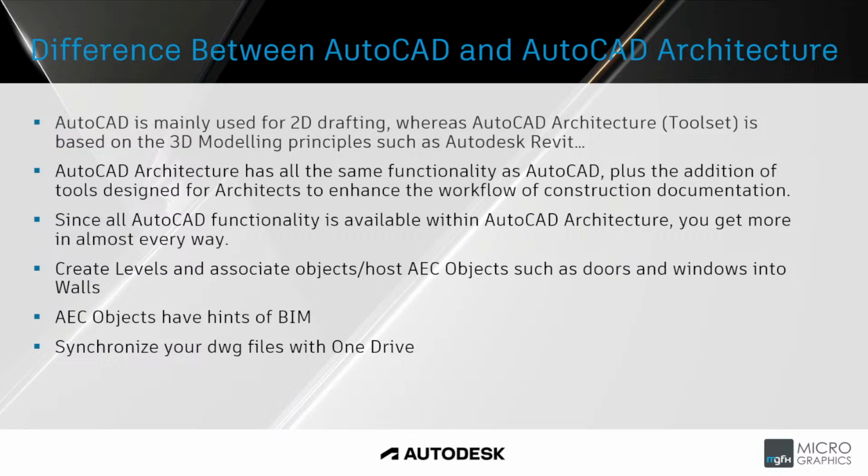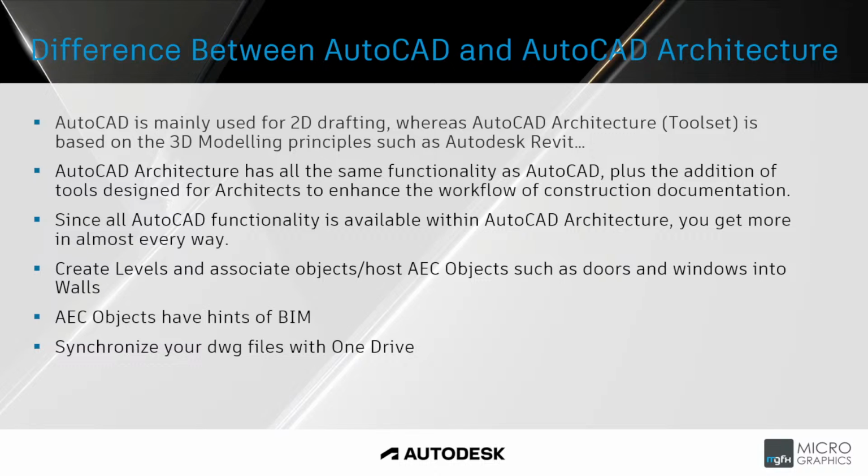The AEC objects have hints of building information modeling, also known as BIM, which has become the standard for larger government and institutional projects. Autodesk Revit is a BIM authoring software that uses a standardized hierarchy of objects: category, family, type, and instance, allowing the designers to build a 3D model at a higher level.